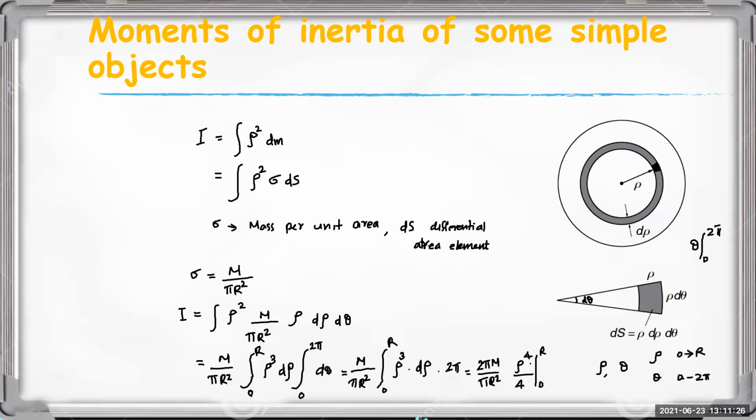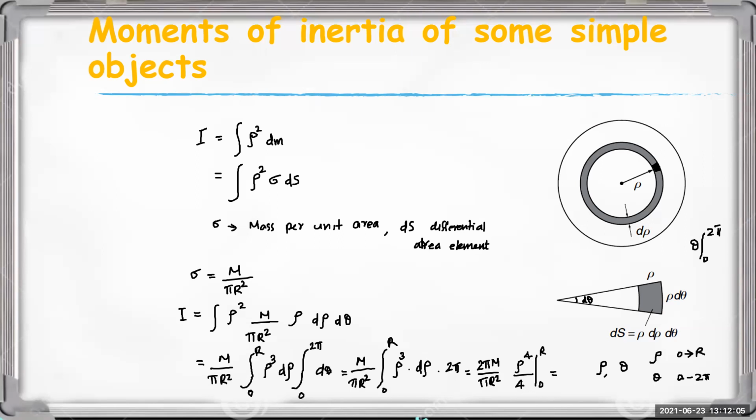Okay, then that is equal to... look at here, pi cancels, 2 and 4 cancel, giving a 2 in the denominator.